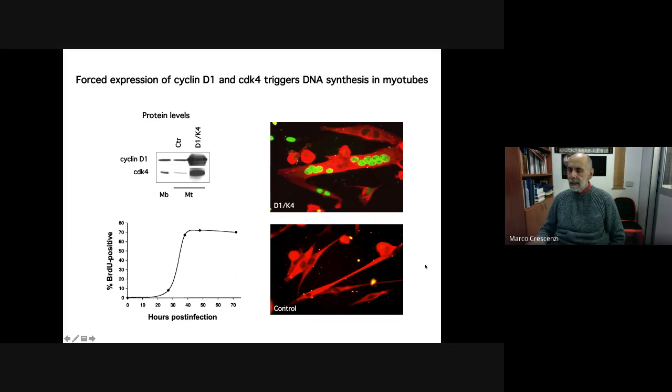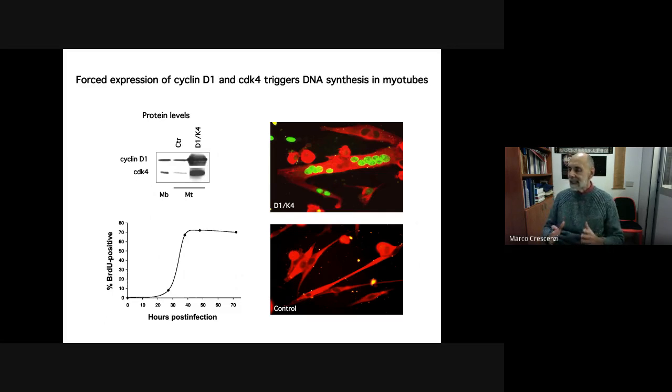And this graph here shows that the myotubes entered efficiently. More than 70% of the myotubes, in fact, re-entered S phase, and rather synchronously, within a few hours, so that, again, this graph shows that our method is efficient and that the myotubes re-enter the cell cycle synchronously so that it is easier to analyze them by biochemical and molecular biology means.